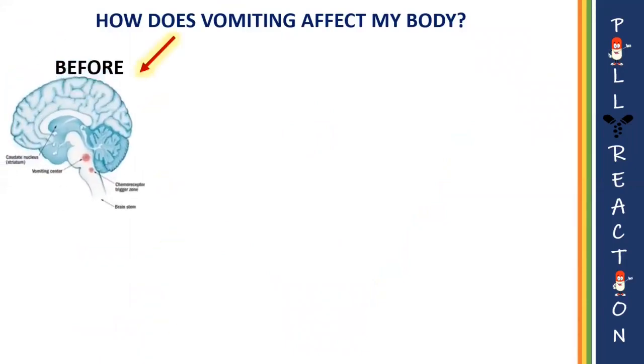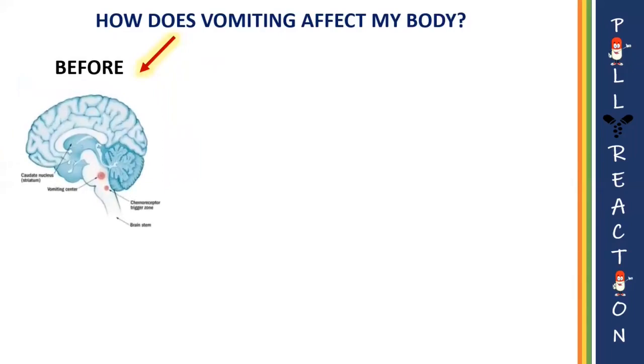Now, we know that when a vomit is looming, a signal is sent to an area of the brain called the chemoreceptor trigger zone, and the chemoreceptor trigger zone receives the information and then communicates to the other areas of the body to start the domino effect of vomiting.